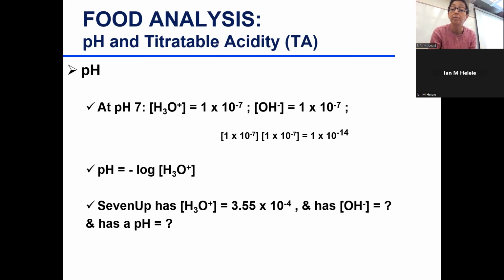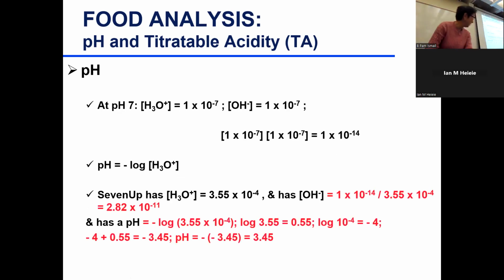Yeah. All right. So it's just applying the equations basically. So again, practicing how to use your calculator with the log function.